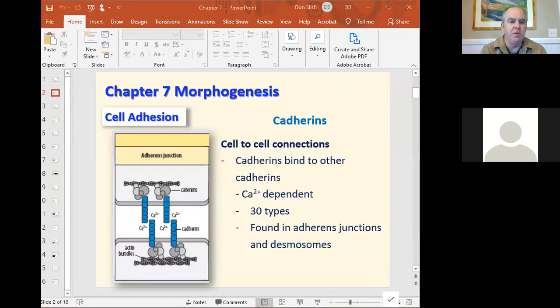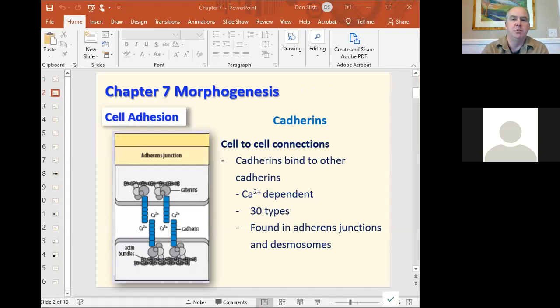But in general, there are 3 things that are really important here in morphogenesis. One is cell attachment, how cells hold on to each other. Another is cell shape, and cell shape can change based on the cytoskeleton, which is totally regulatable by signal transduction. And cell migration, cell movements.